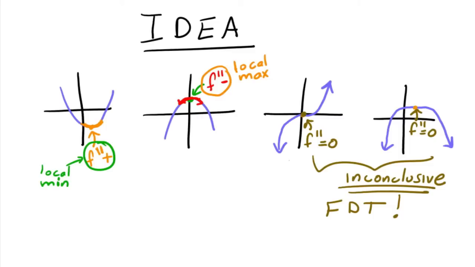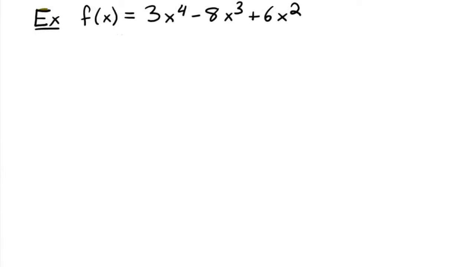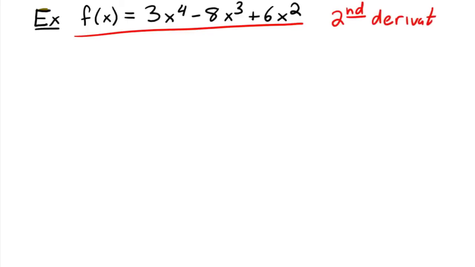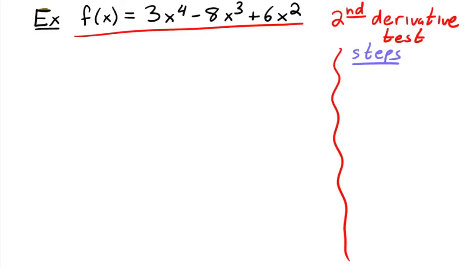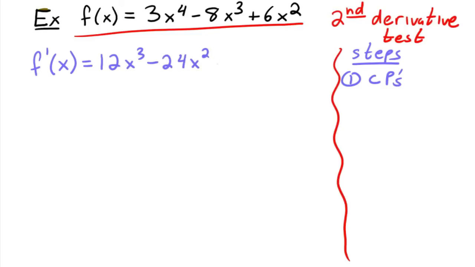So let's do an example. Let's do the second derivative test to find the local maximums and minimums for this function. The steps are, we start off the same way: we're going to find the critical points. So we find the first derivative, which is 12x to the third minus 24x squared plus 12x.